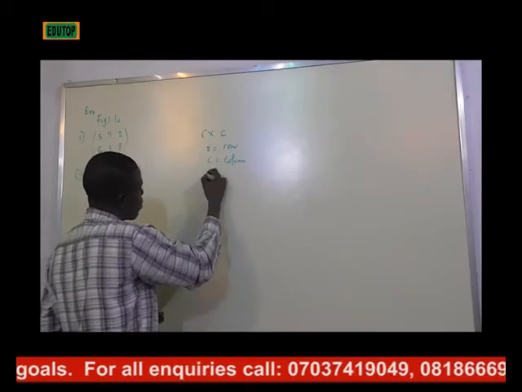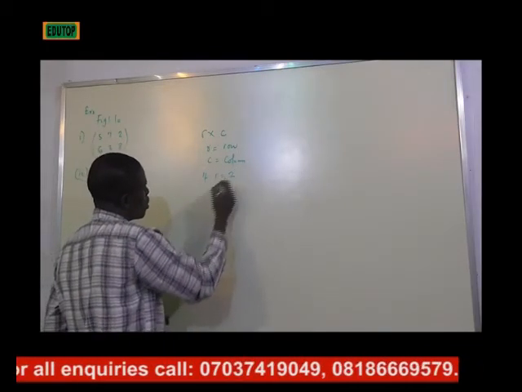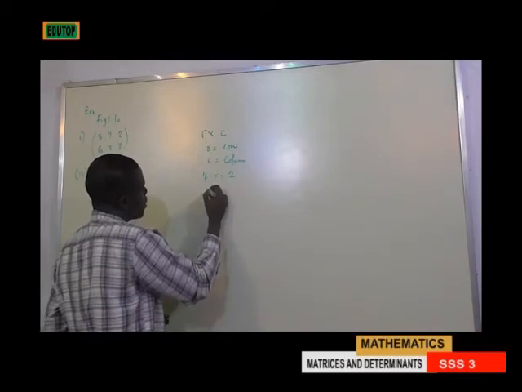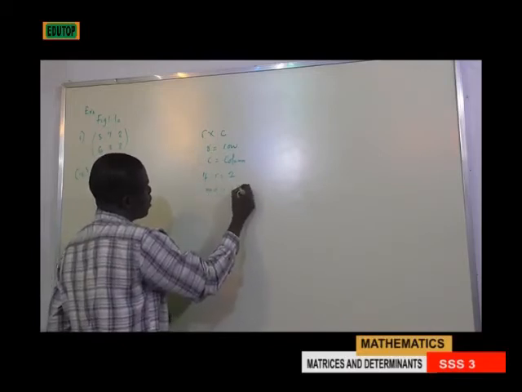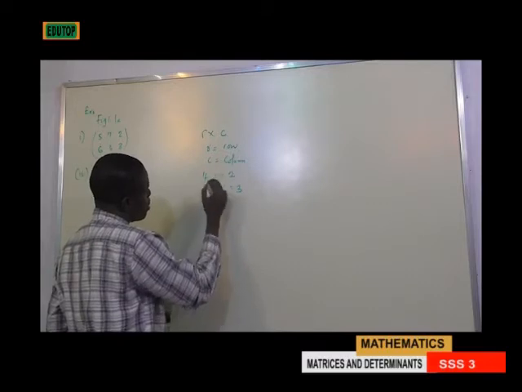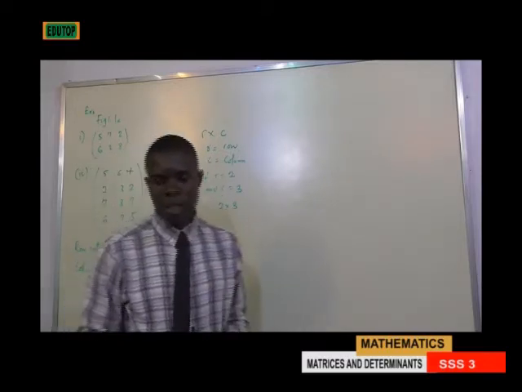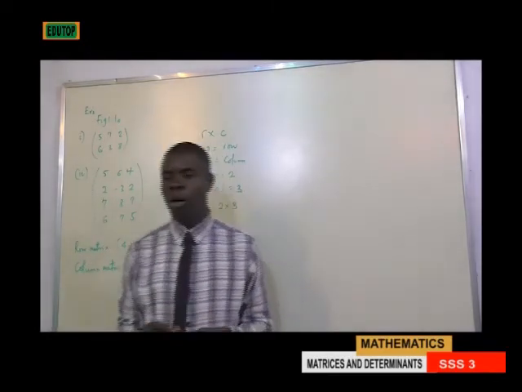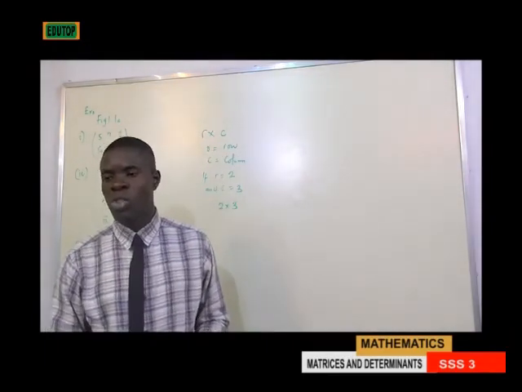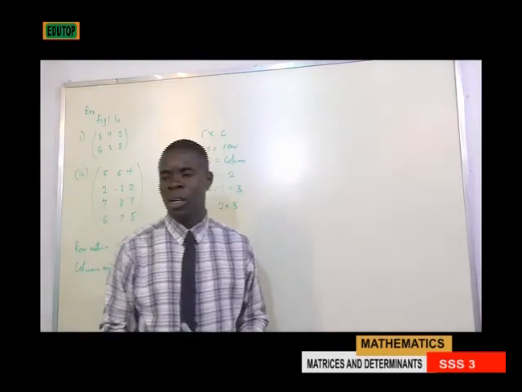So if R is 2 and C is 3, then we say the matrix is 2 by 3. That is the simple way of denoting such a matrix.